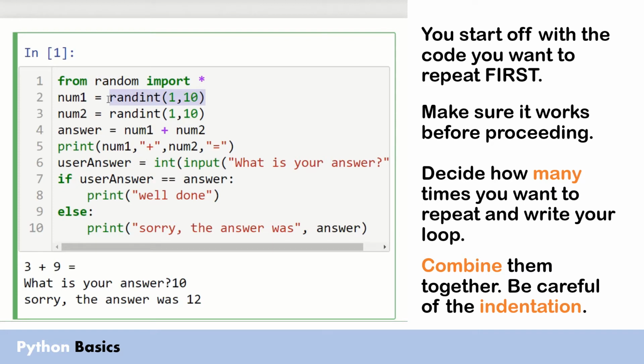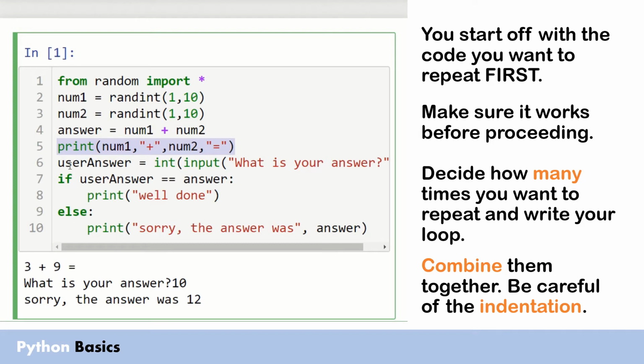This command, randint(1, 10), will pick a random number between 1 and 10 and assign it to a variable num1. It then does the exact same thing for num2. So we have two variables, each with a different random number in them. We then calculate the answer and place that into a third variable, so we've got something to compare against. I then use a print statement to display the question nicely for the user.